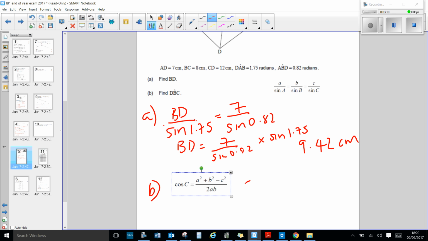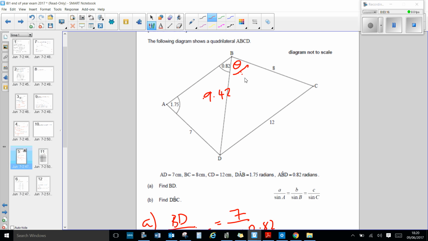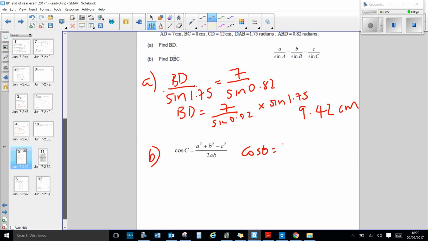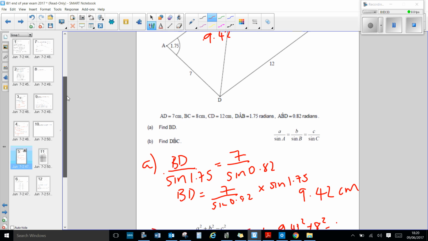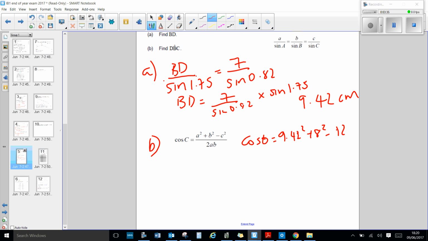So cos theta equals a squared plus b squared, our other two lengths, subtract this one: 9.42 squared plus 8 squared, subtract 12 squared, over 2 times 9.42 times 8.